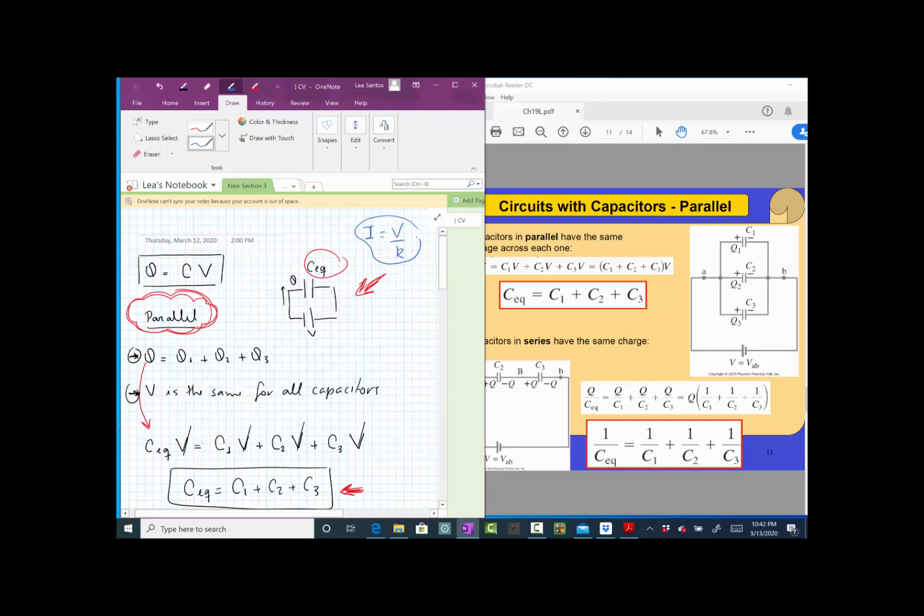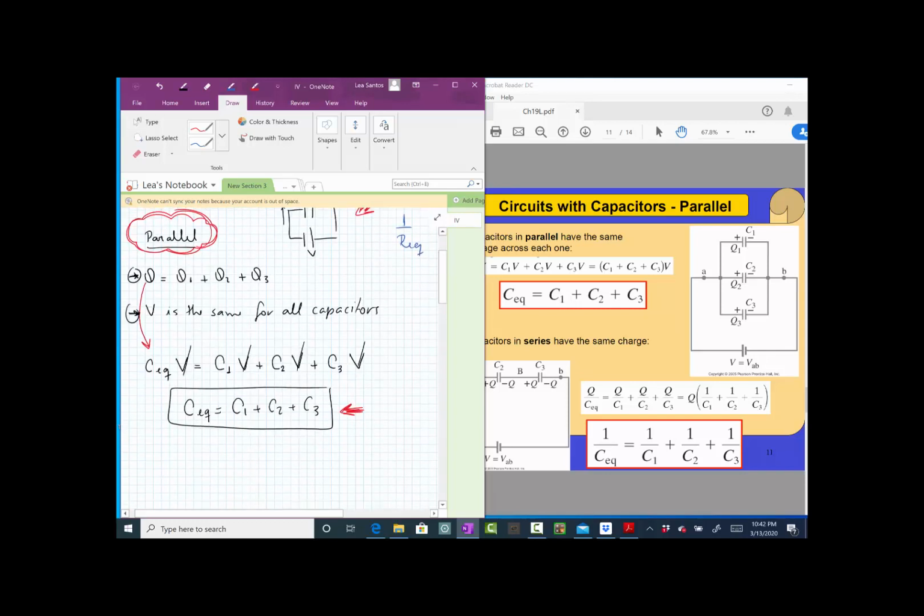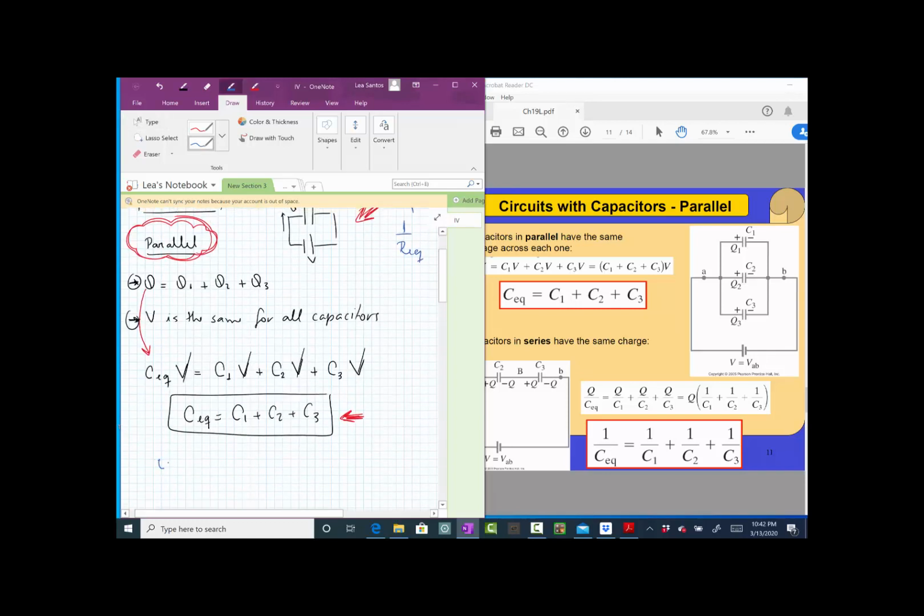That's why in the case of resistances in parallel, we were playing with that 1 over the equivalent resistance, while here, since charge Q is CV, we have the sum of the capacitances. Anyway, the message is be careful not to confuse equivalent resistance with equivalent capacitance. Capacitors in parallel, the equivalent capacitance is the sum of them.